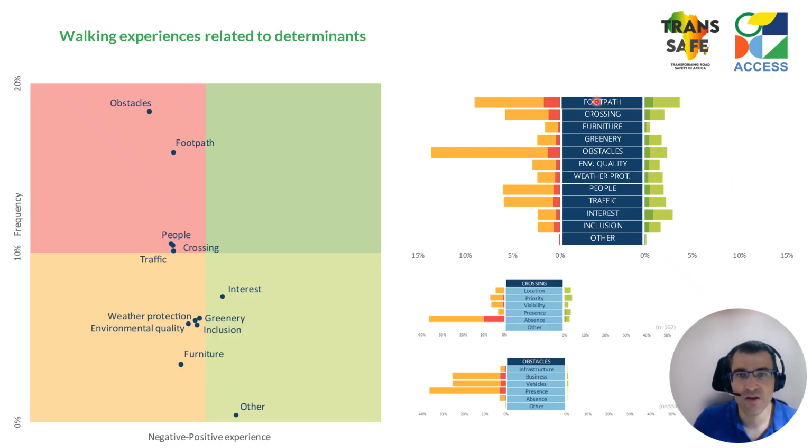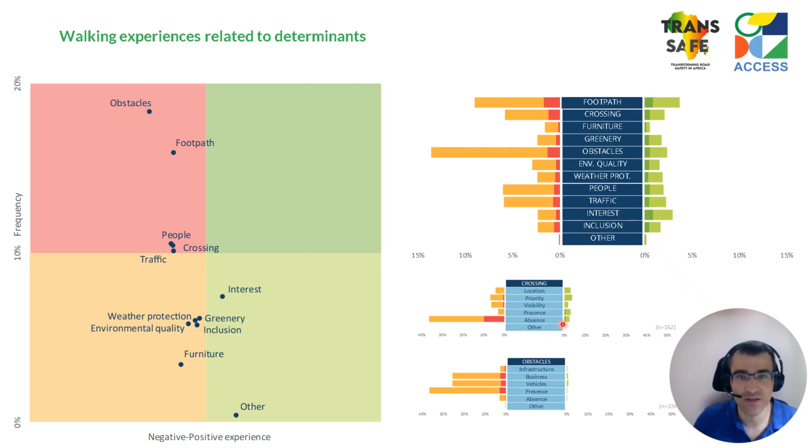We can see for each of the environmental determinants how many positive and very positive or negative and very negative experiences we collected. And we can also break down each category by subcategories.